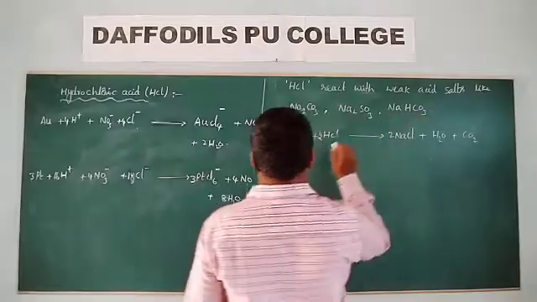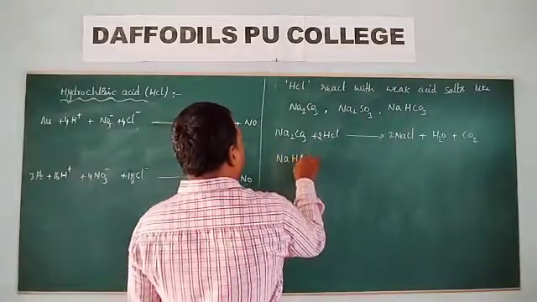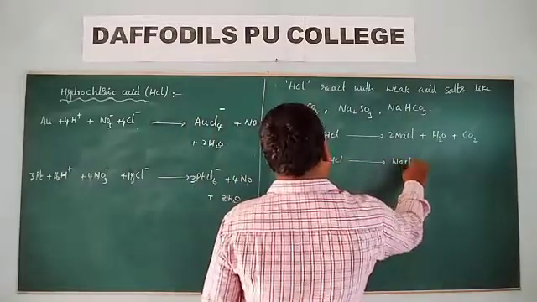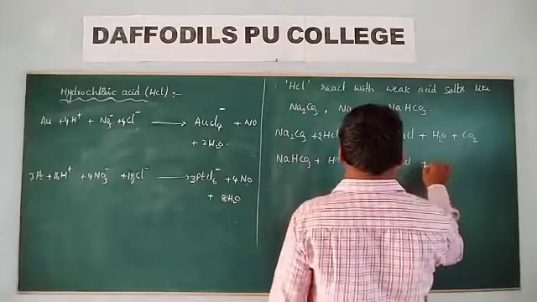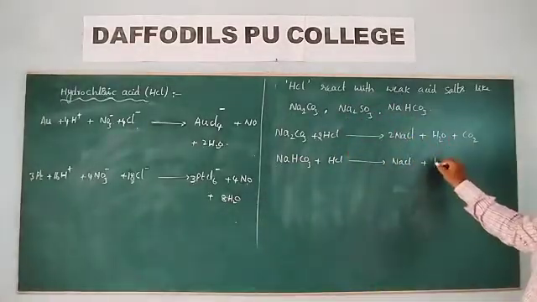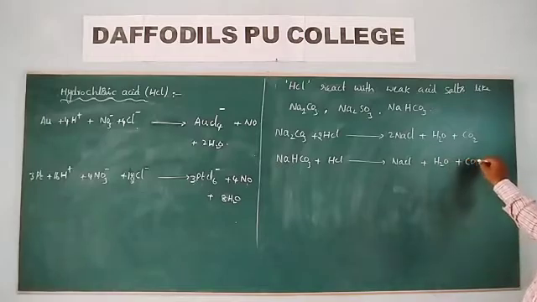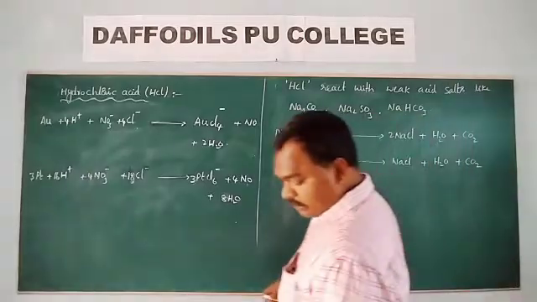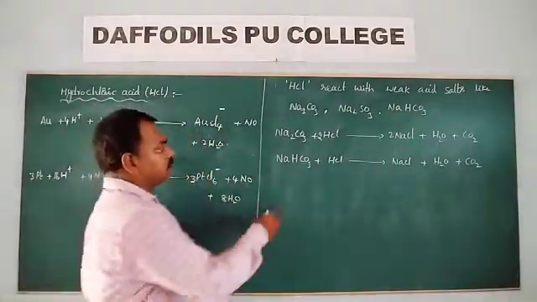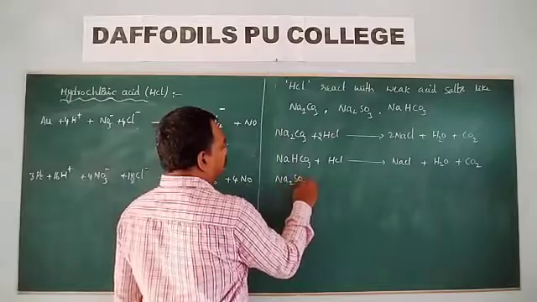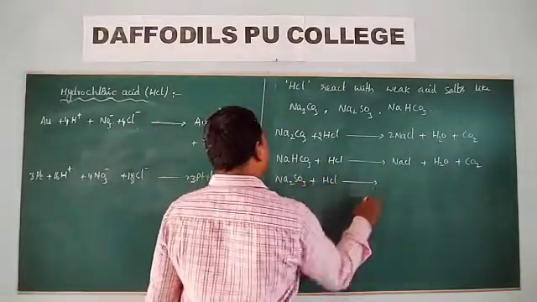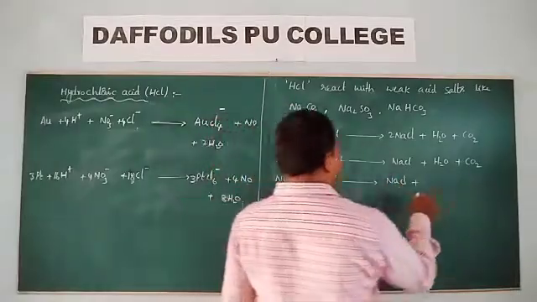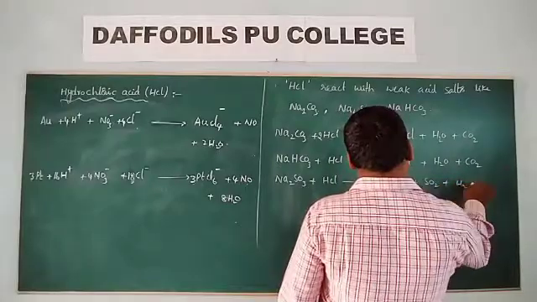Next, when sodium bicarbonate reacts with HCl, we will get NaCl plus H2O plus CO2. Similarly, when sodium sulfite reacts with HCl, you will get sodium chloride plus SO2 plus H2O.